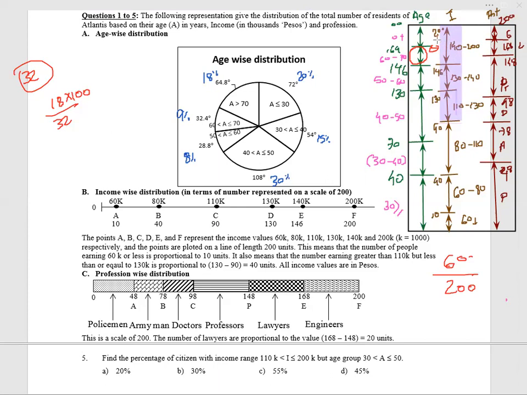How many people are there? It is above 90, means 110 people are there. So what we have, 110, and age group is 130 minus 40, that is 90.